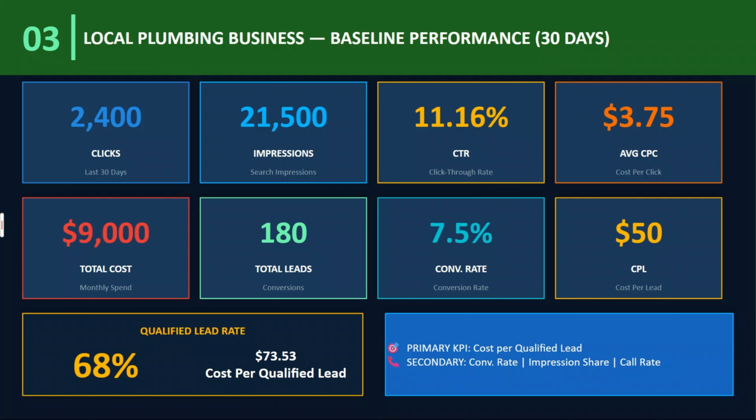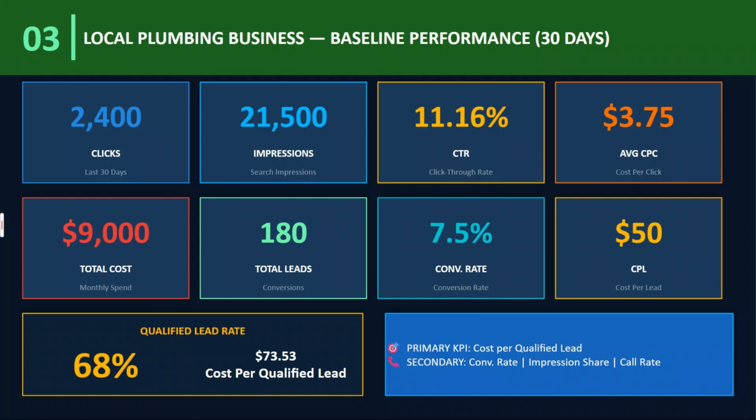And here is the most important number: their qualified lead rate is 68%. That means only 68 out of every 100 leads are actually good quality leads, people who really need a plumber. So their real cost per qualified lead is $73.53.